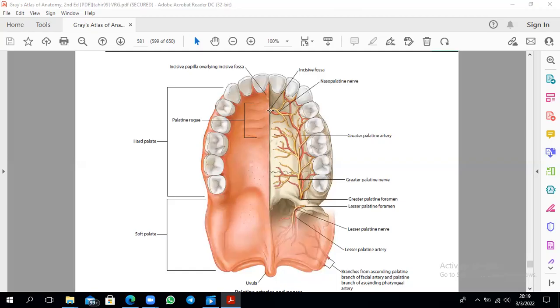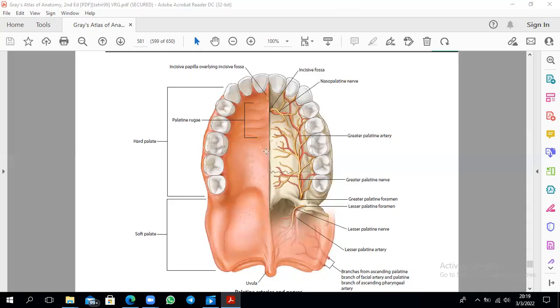Then you also expect to find a greater palatine foramen and a lesser palatine foramen. Those are self-explanatory. The greater palatine nerve and its vessels pass through the greater palatine foramen, the corresponding lesser ones through the lesser palatine foramen. The arterial supply for this hard palate comes from the third part of the maxillary artery through the greater palatine artery, and the venous drainage is into the pterygoid venous plexus.